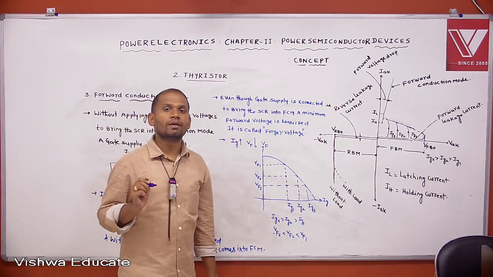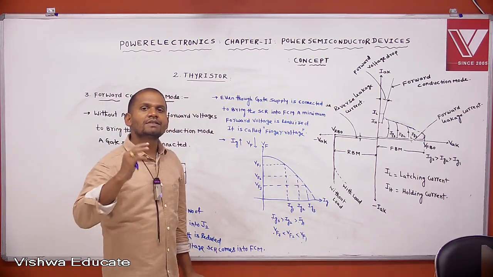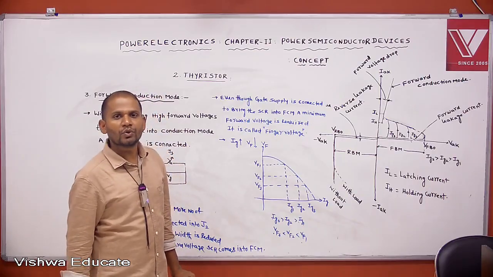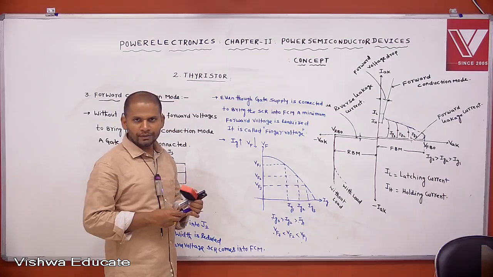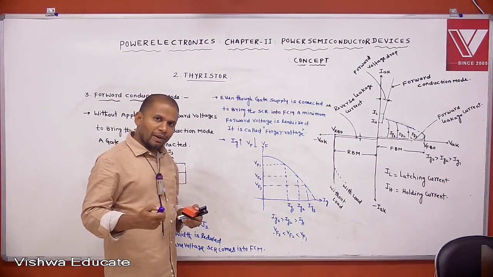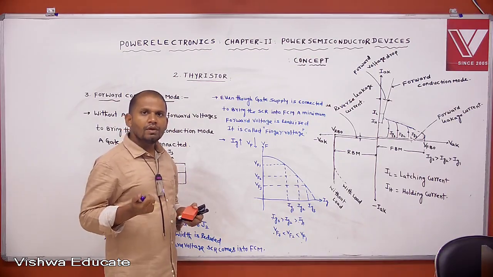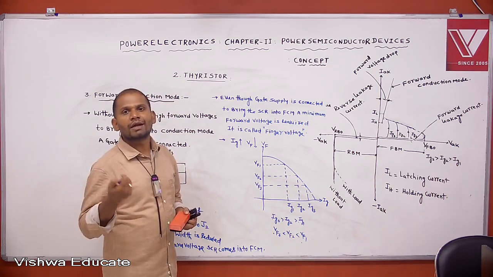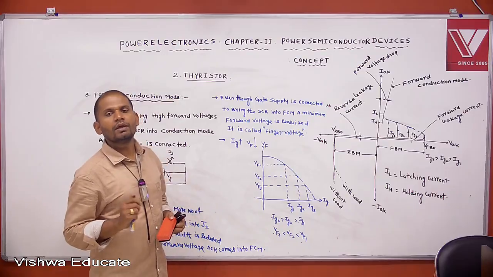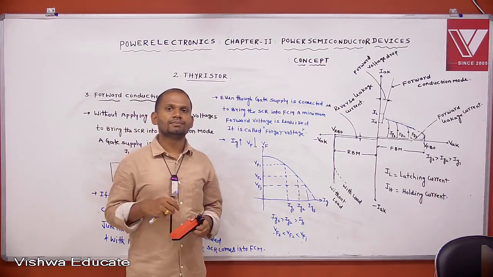Understood? Okay. But I want to extend this concept, important from a competitive point of view. We are applying the minimum forward voltage and connecting the gate supply and bringing the SCR into conduction. Now the SCR is conducting.